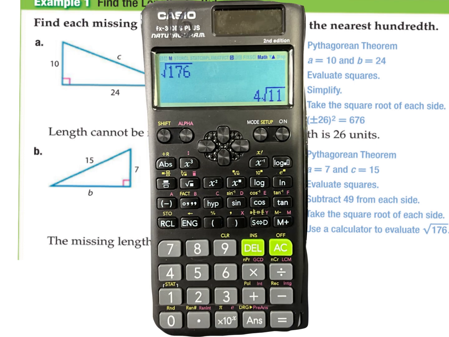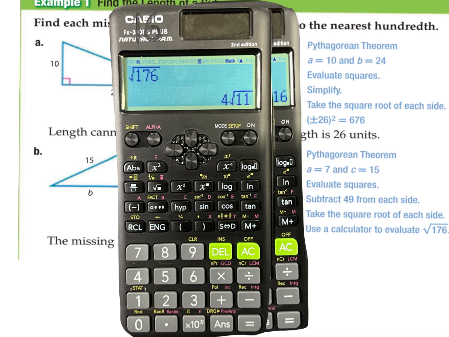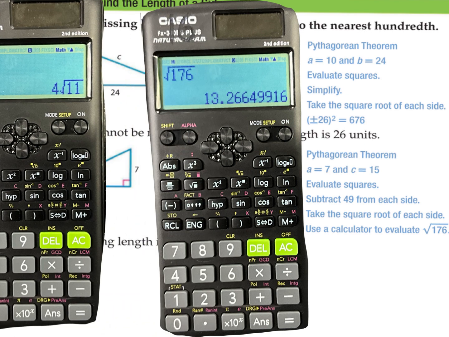So some textbooks say, write a decimal approximation, round to the nearest hundredth. If that were the case, well, then you would go, here's your tenths, here's your hundredth. So you would take this 6, which would change that 6 to a 7. That way you could write down your answer, if they ask for a decimal approximation, with that squiggly equal sign, 13.27, because the 6 changed the other 6 to a 7.